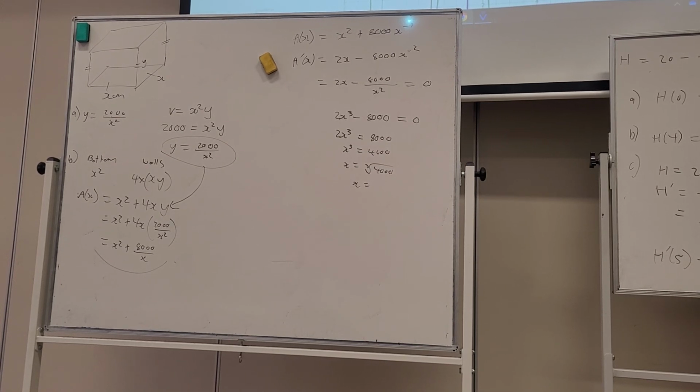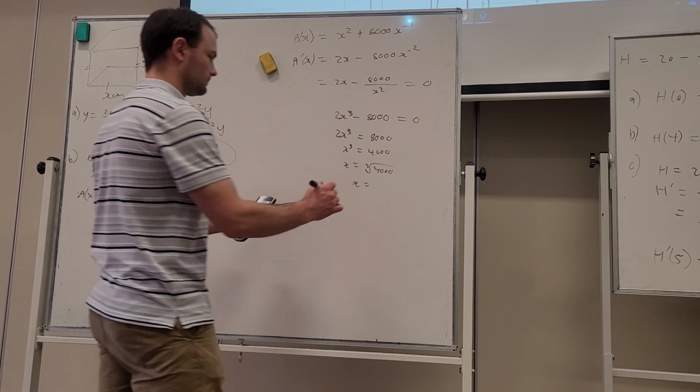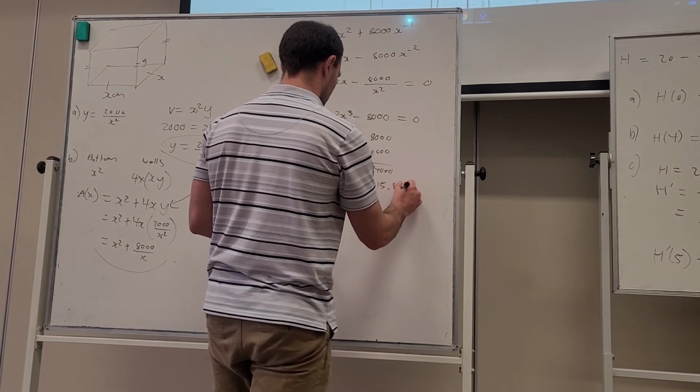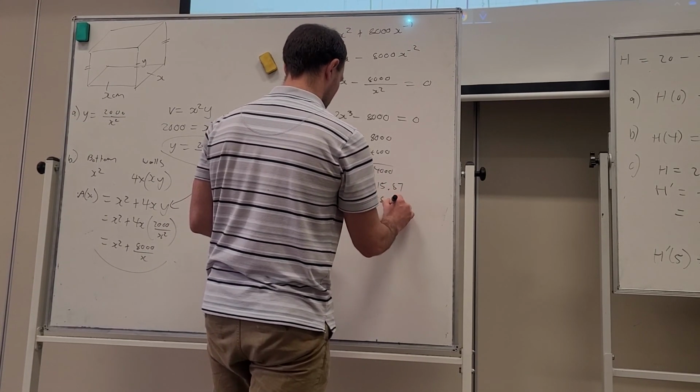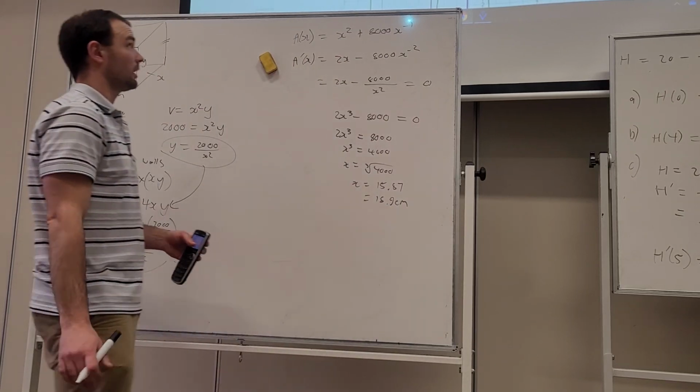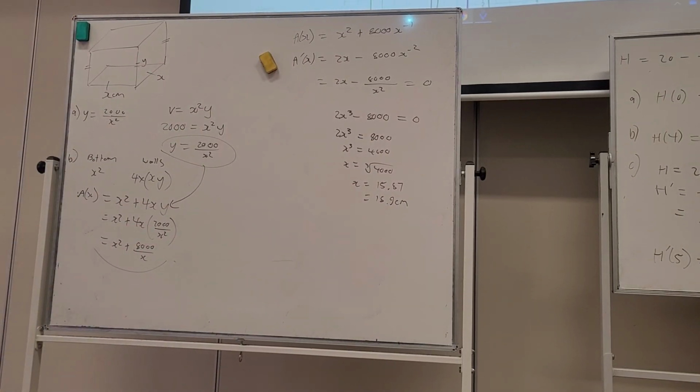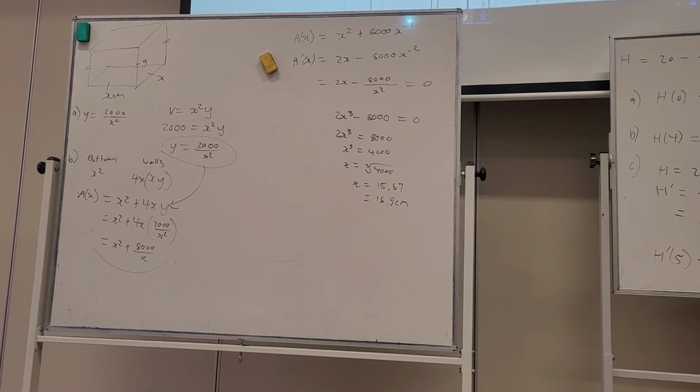So it's 15.87. Okay, so the minimum surface area, so that's when we're using the least amount of materials to be the most efficient, occurs when x is 15.9. Alright, so that's the minimum solution.